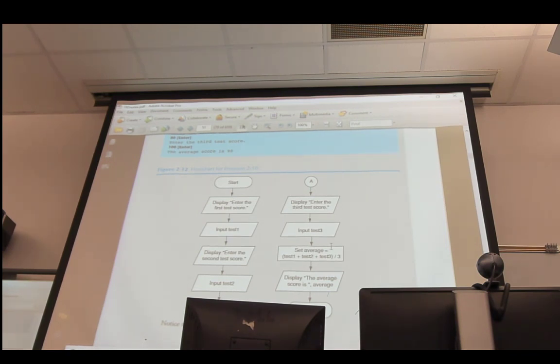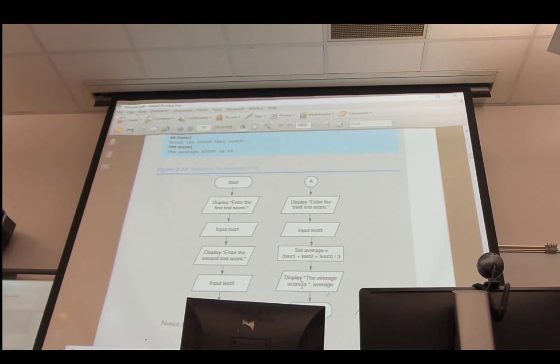Divided by 3. Now, it's going to add them up, then divide by 3, and store that value into average. And now we can display the average score is, which is our string, and then the average.